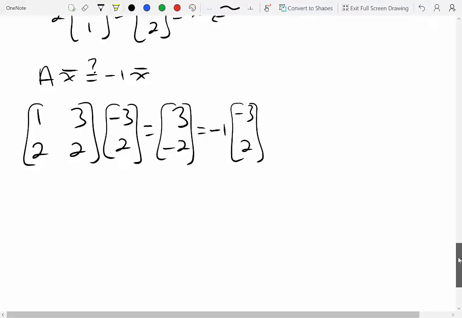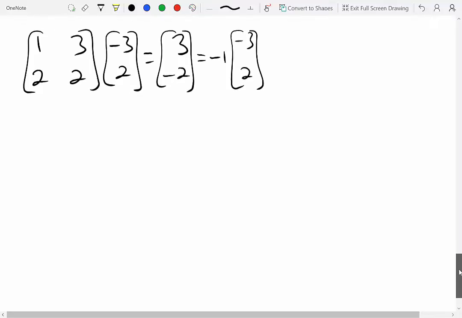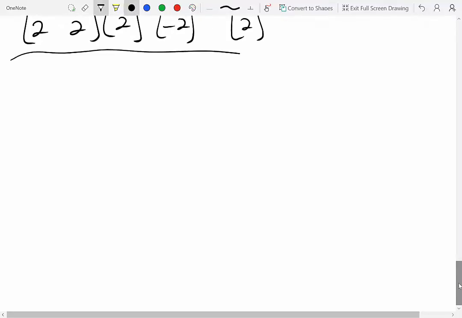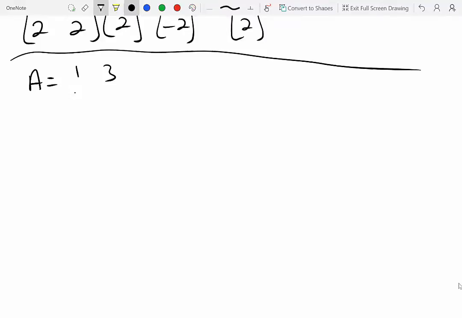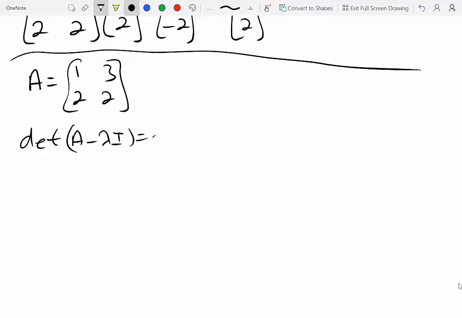So what did I find? It seemed like a lot, but it really wasn't that much. Just to review, what I did here was I started out with A, which was 1, 3, 2, 2. And then we evaluated the determinant of A minus lambda I. We set that equal to 0, and it was a polynomial.